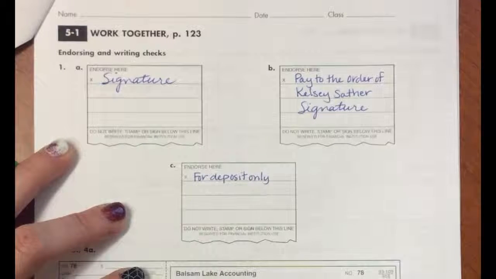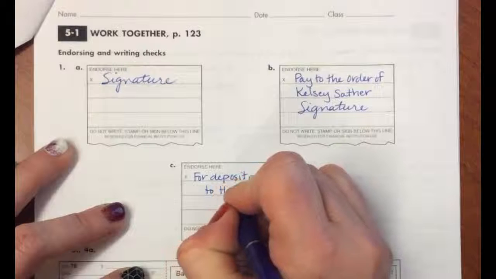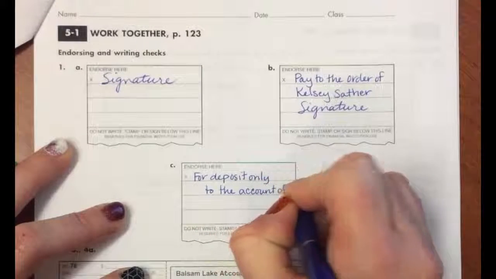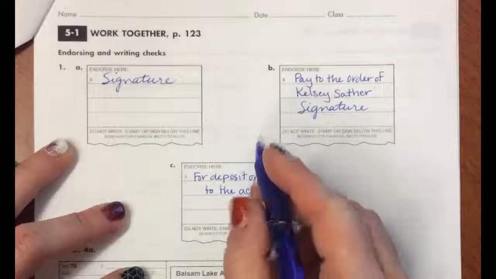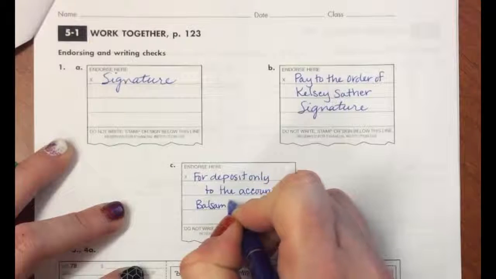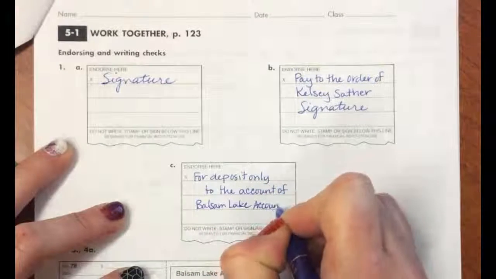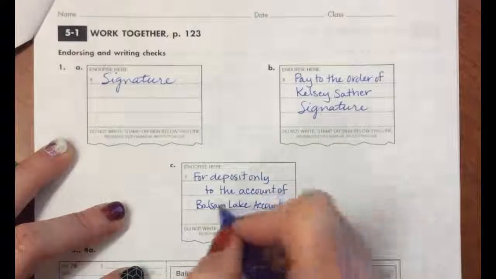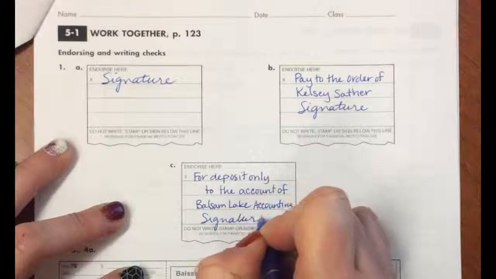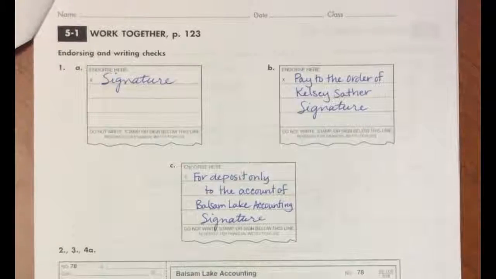Then we write to the account of, and then we write the account name, which is Balsam Lake Accounting. And last, we sign it. Okay, that takes care of the first part.